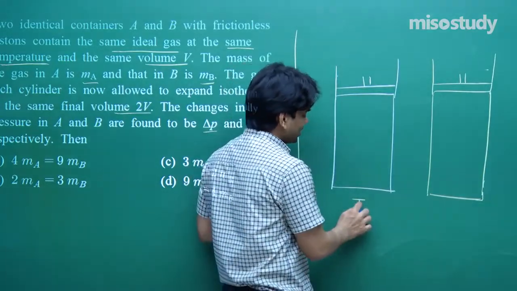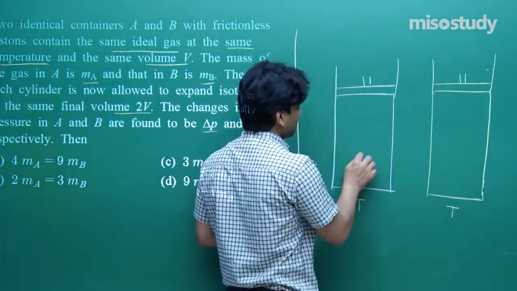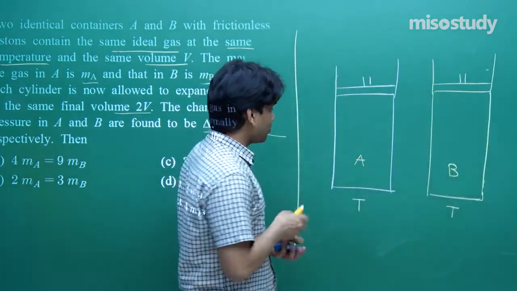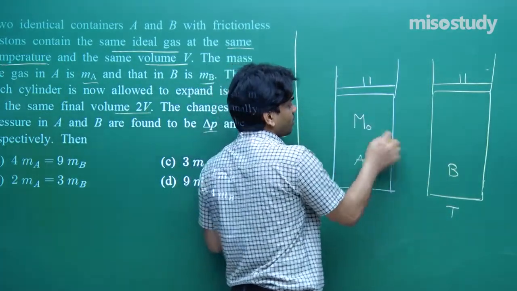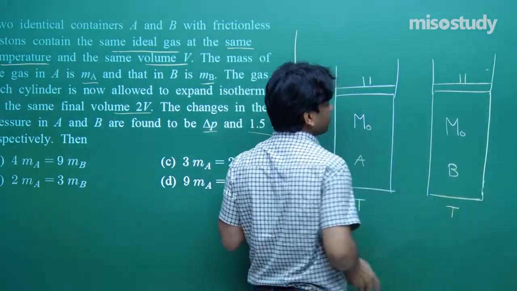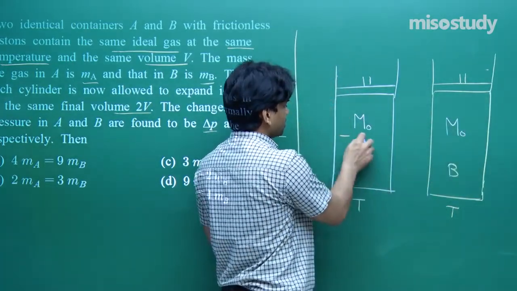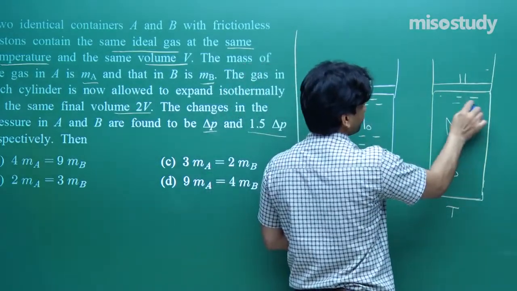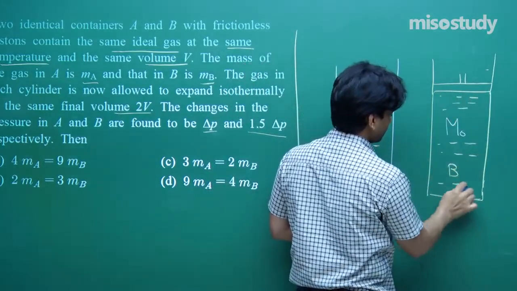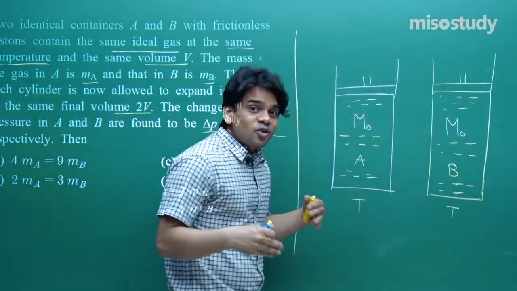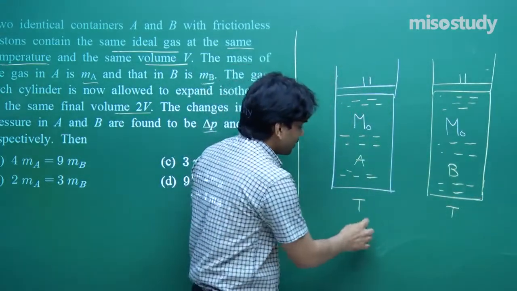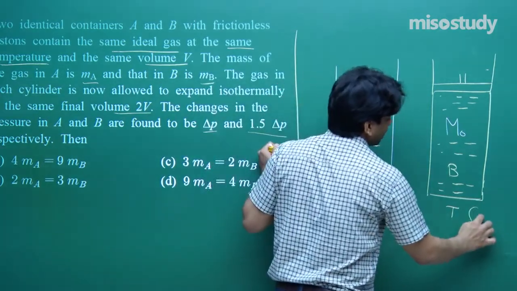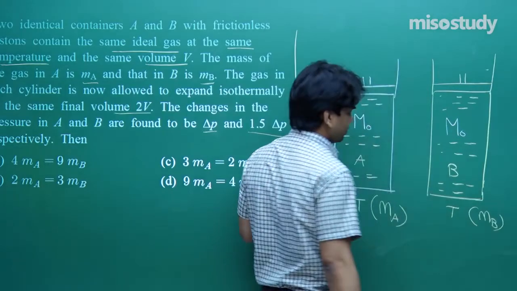So, temperature T is same for both the gases. This is gas A and B container that I have marked, they have same gas. So, let us say molecular mass we are taking as m naught in both the containers. Since gas is same, the mass of gases A and B are different. So, let us say mass is Ma here and Mb is here, that is what has been given.